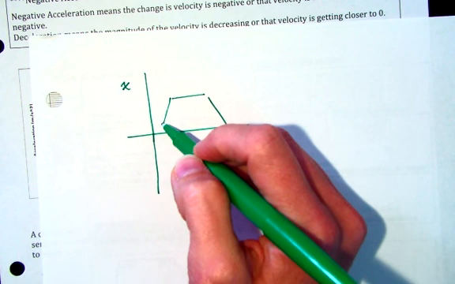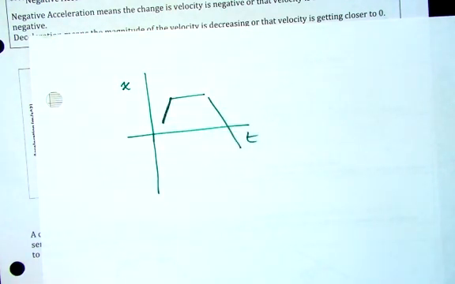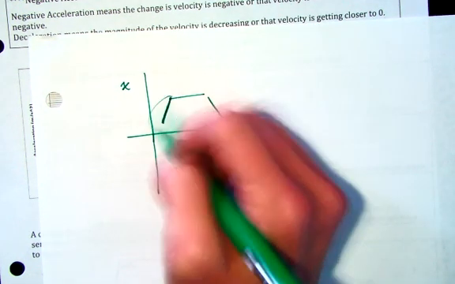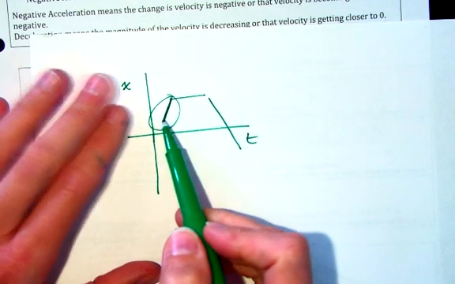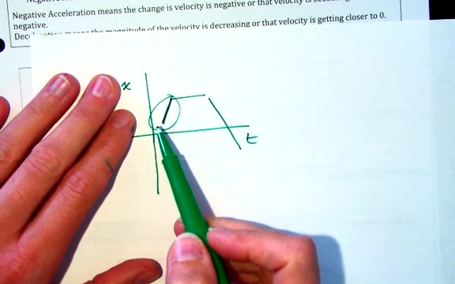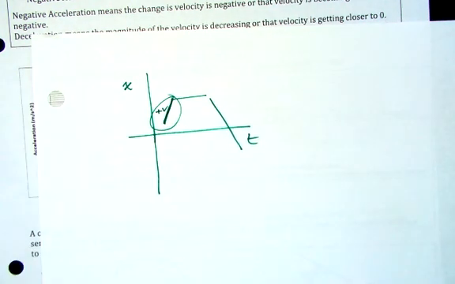What does it mean that I have a positive slope here? We know that we have a positive velocity, right? And what does a positive velocity mean? What is our object doing?